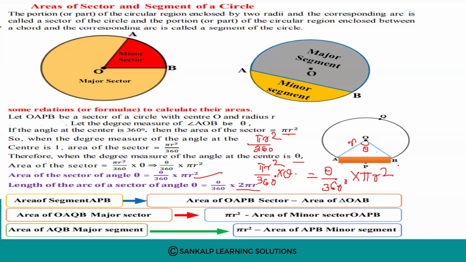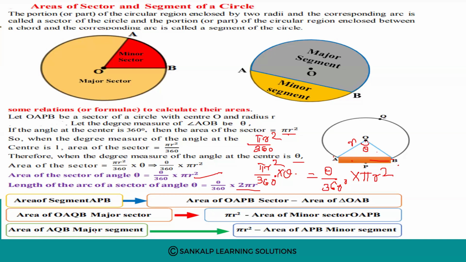Area of OAQB, that means the major sector OAQB, can be calculated by pi r square, the total area of the circle, minus the area of the minor sector OAPB.